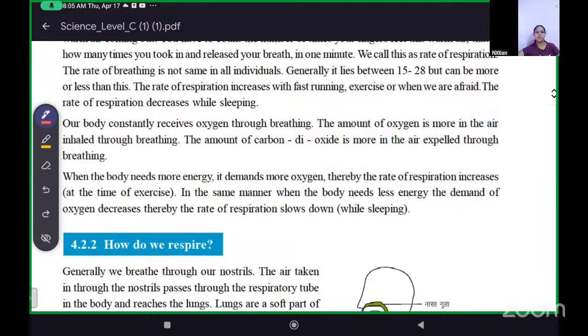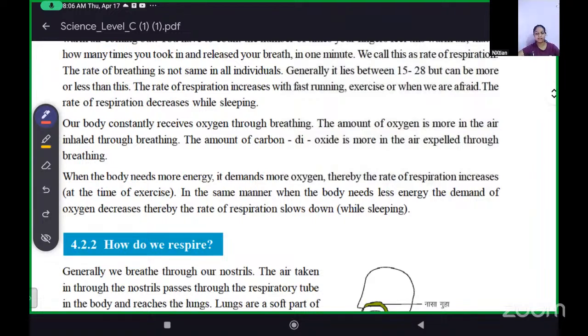You'll have to look it up, Anna. Just look it up and check the fact, whether it is true that when we're sleeping we need more energy for metabolic activities. For activities like fast running and exercise, we need more energy because we are doing something heavy. Yes, Abraham.